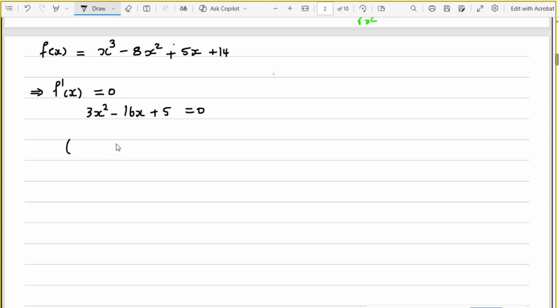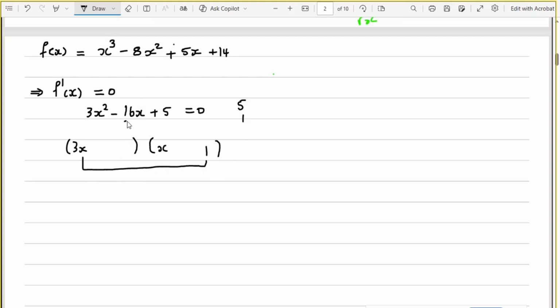Then now you factorize. This will be 3x. This will be x. Then we need to have the factors of 5 so that when we add or subtract them, they give us the middle term of that 16. So this is 5 and 1. Look at this. If I put the 1 this side, 3 times 1 is 3x.